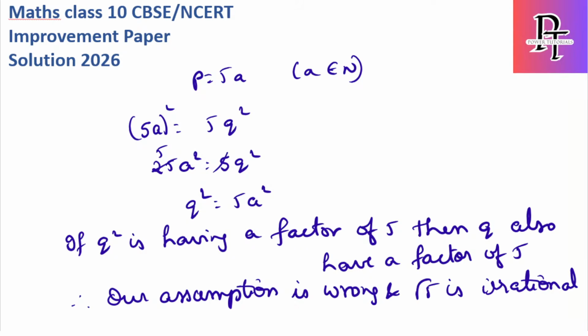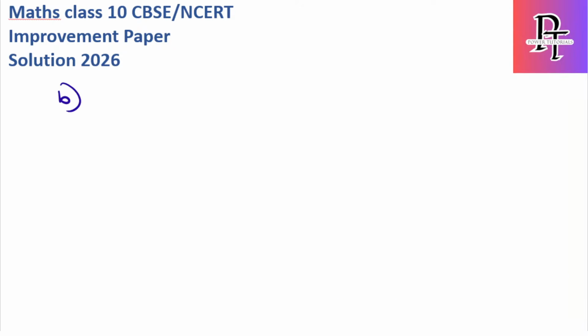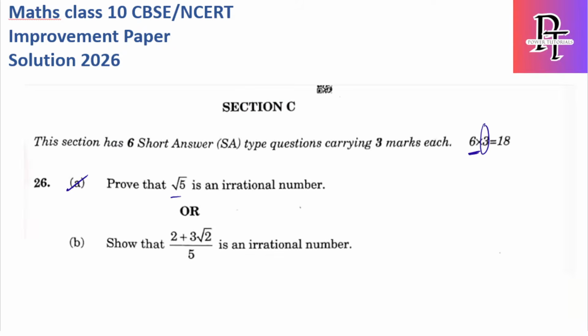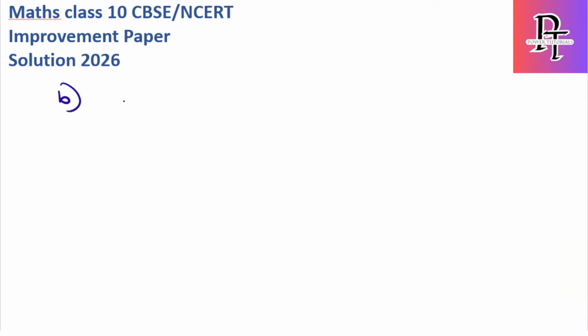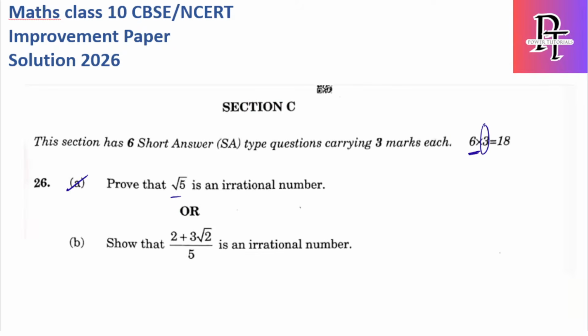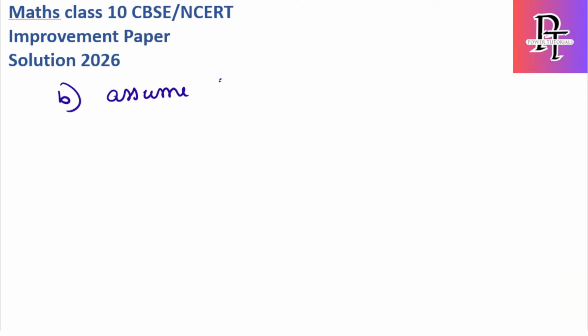Okay, let's move to the second part, B: (2 plus 3 root 2) by 5. In the same way, assume that (2 plus 3 root 2) by 5 is rational.